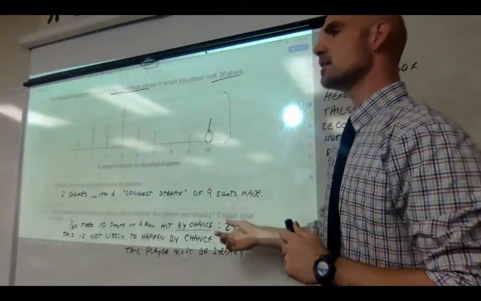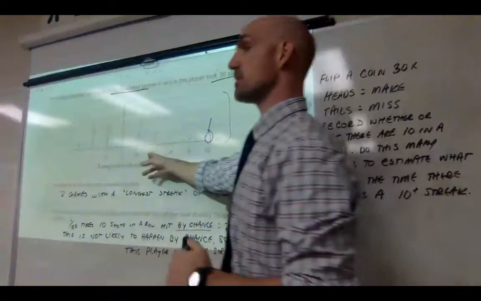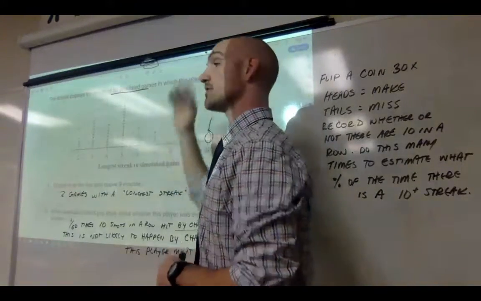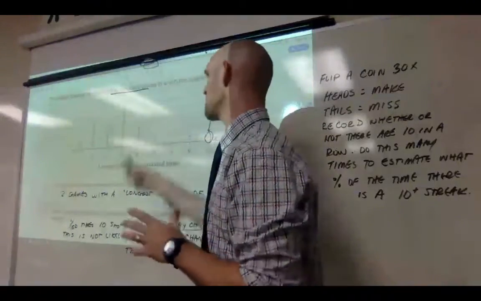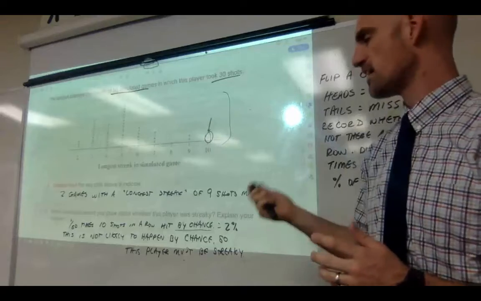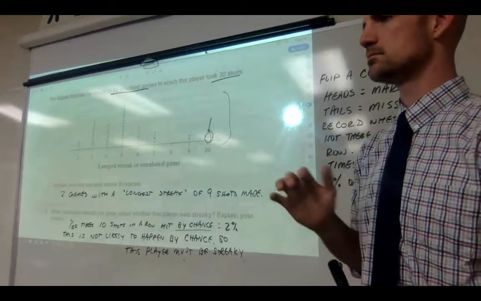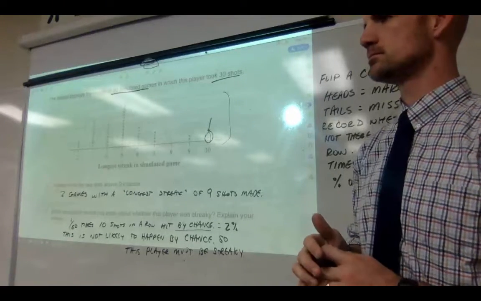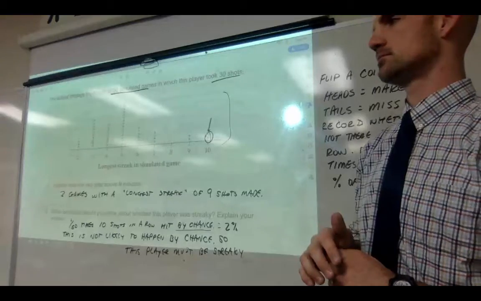So let's say that he had hit 7 in a row, and it wasn't a 5% chance. We'd say we don't have convincing evidence about whether he's a streaky shooter or not, because it could have happened. How do you know when we have convincing evidence and when we don't? 5%. The 5% line. Yeah, but if it's below, then it's still not completely impossible to do it by chance.